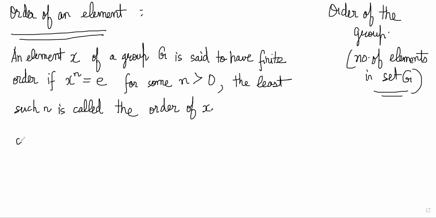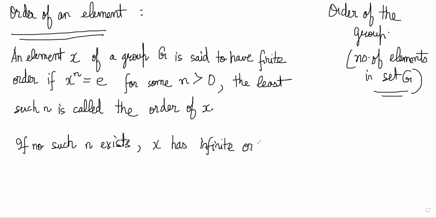If no such n exists, we say that x has infinite order. It might be the case that there is no n where x power n is equal to e.